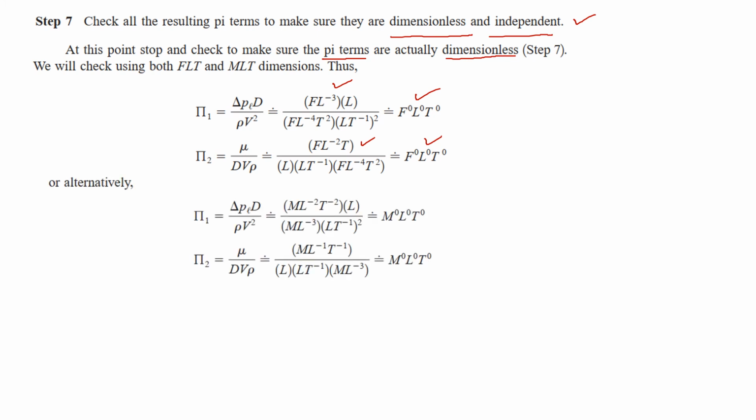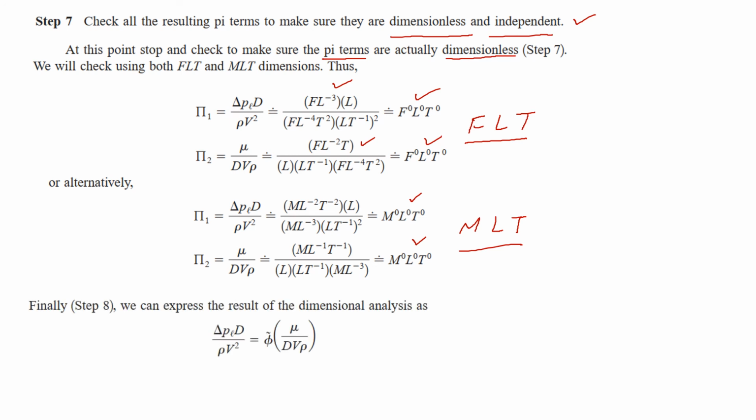This is for FLT, and we will also see that for MLT. So for both of our basic dimensions, these pi1 terms and pi2 terms come out to be dimensionless. So this is what step 7 is telling us to do.